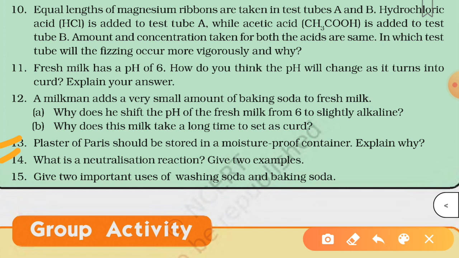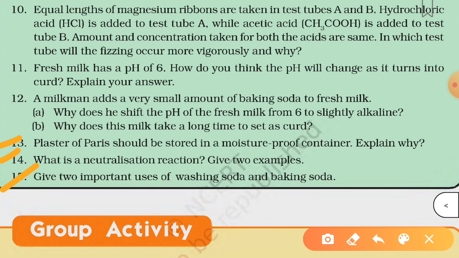Let's continue with our last one. Give two important uses of washing soda and baking soda. This is a simple question just because we have studied each and every salt in detail. Now let's discuss the uses of washing soda. Washing soda is used as a cleaning agent. First, it is used to remove the permanent hardness of water.